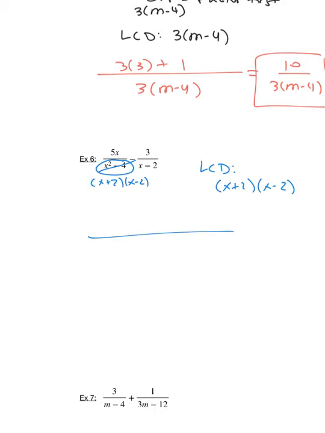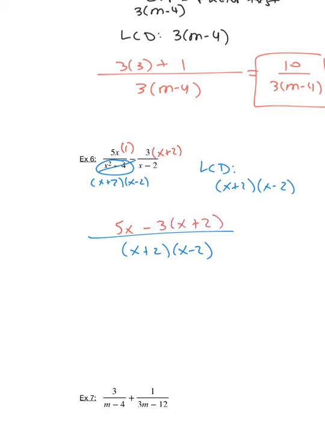So my fraction is now going to be set up over x plus 2 times x minus 2. The first fraction doesn't need to be multiplied by anything except for 1, because it has all parts of the denominator. The second fraction needs to be multiplied by x plus 2, because that's what it's missing in the denominator. So I have 5x minus 3 times x plus 2.